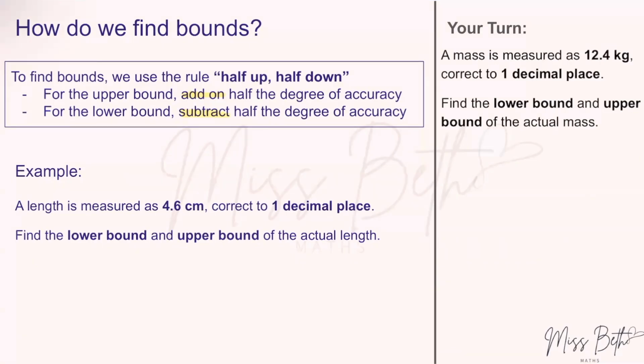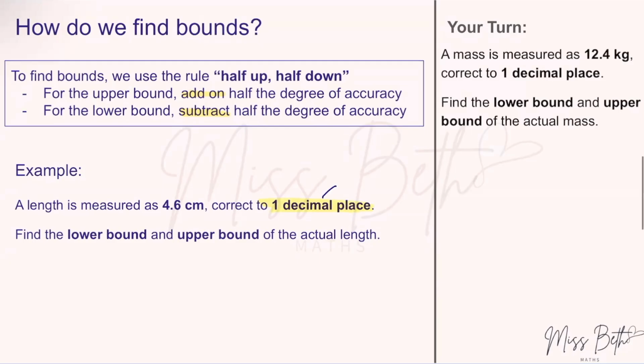So let's look at this example question. A length is measured as 4.6 centimeters, correct to one decimal place. Find the lower bound and the upper bound of the actual length. My degree of accuracy here is one decimal place, so that really is 0.1.